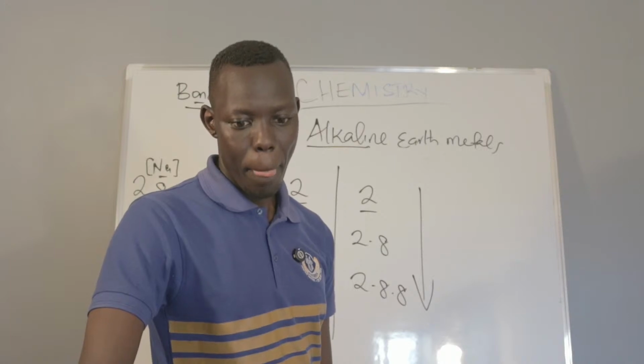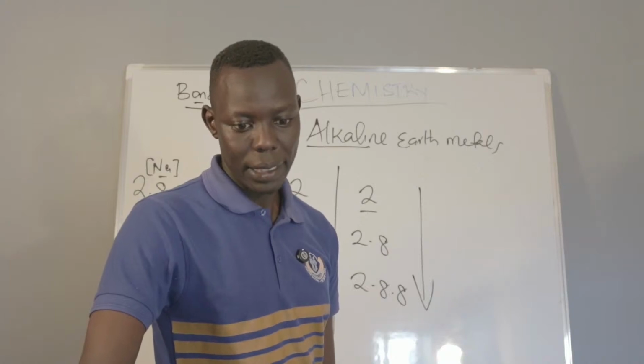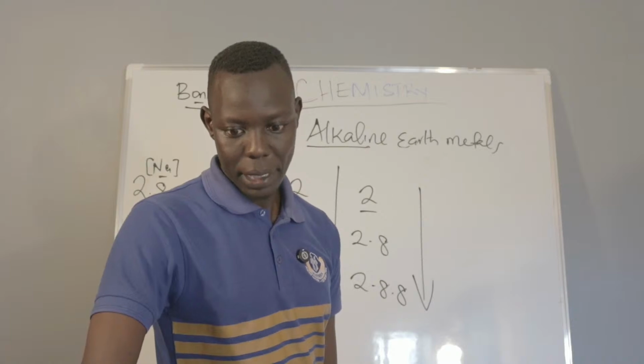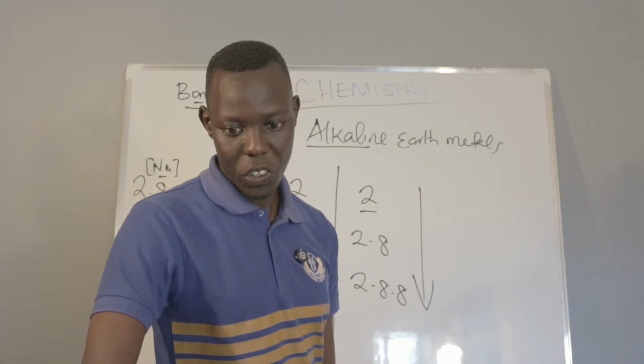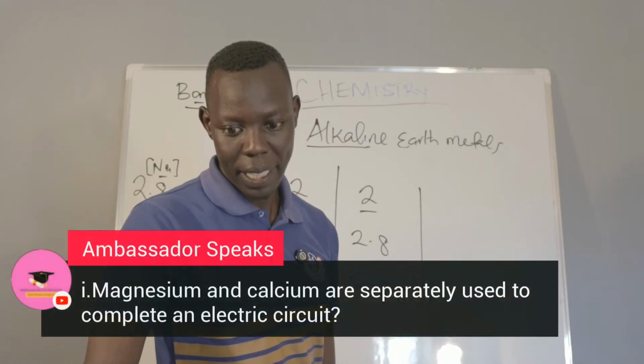Now, can you give us the observation made? I'm posting a question on our chat screen. Beverly, thank you. I'm asking a question in which magnesium and calcium are separately used to complete an electric circuit.